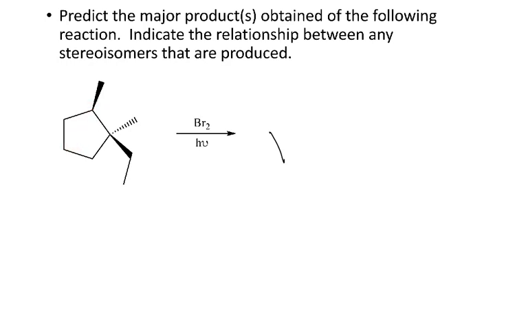And so two products are possible. We have the bromine coming from the backside, or we can have the bromine coming from the front side.